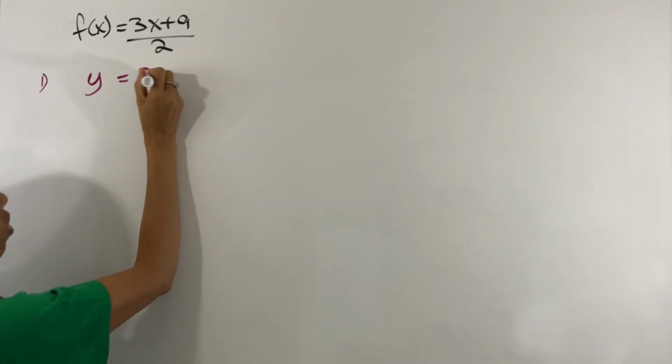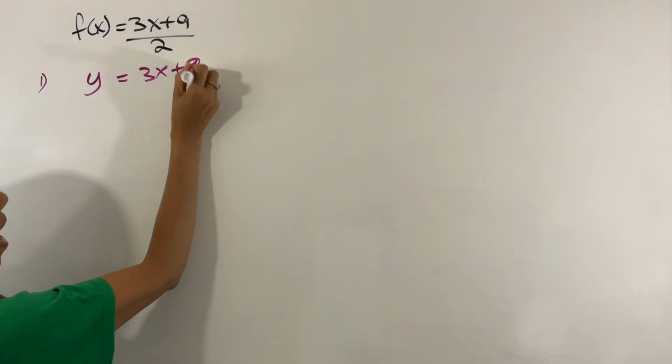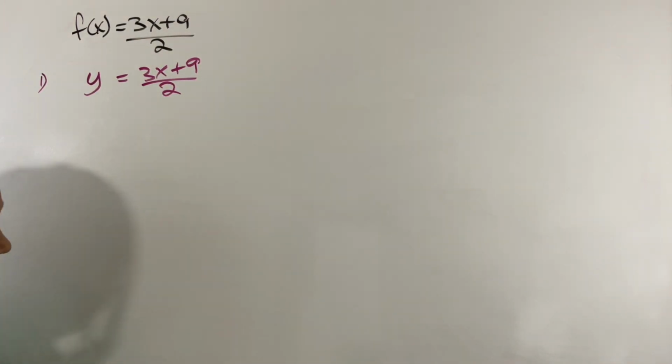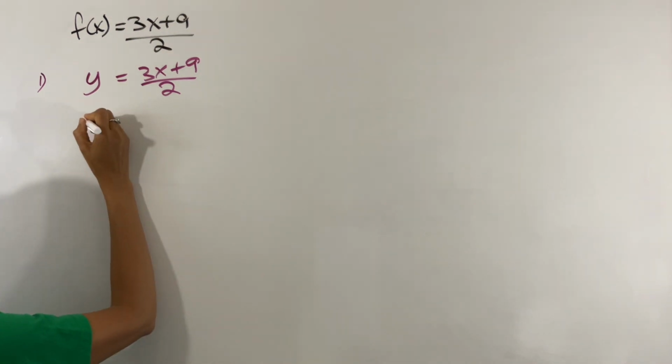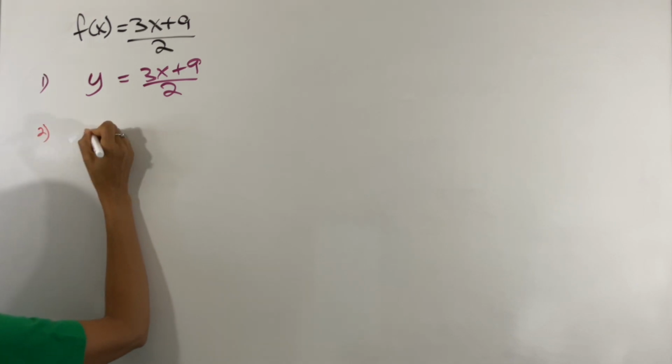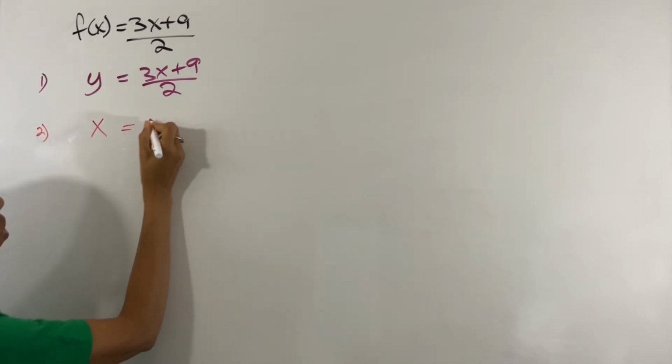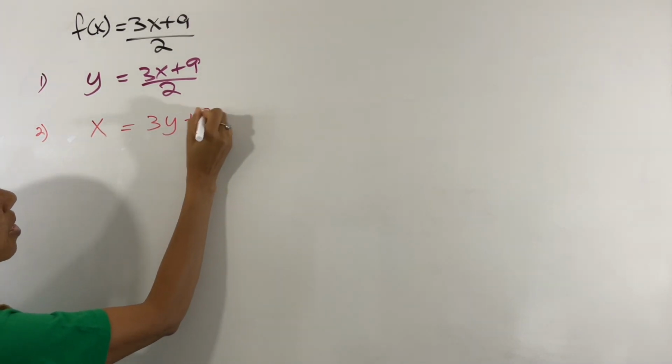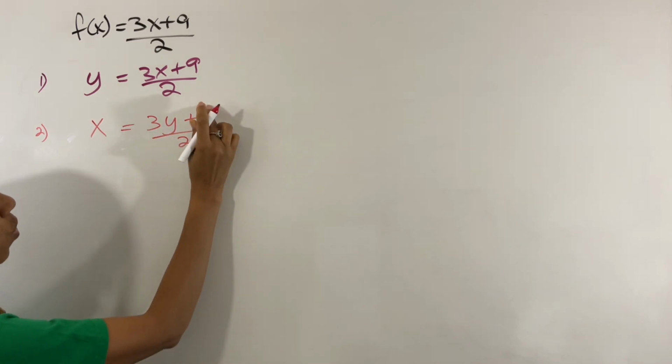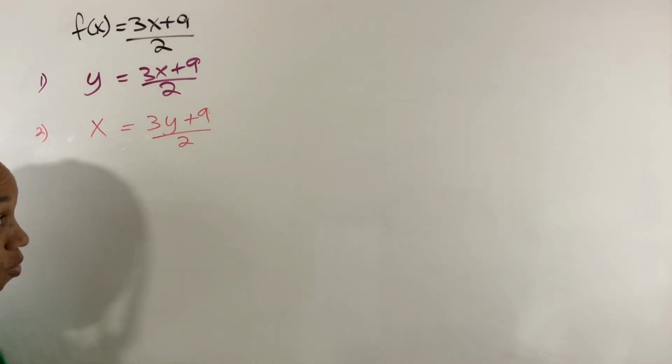So it's y equals 3x plus 9 over 2. The second step is that we are now going to switch our x with y. So we will now have x equals 3y plus 9 divided by 2. And now we can go ahead and solve for y.